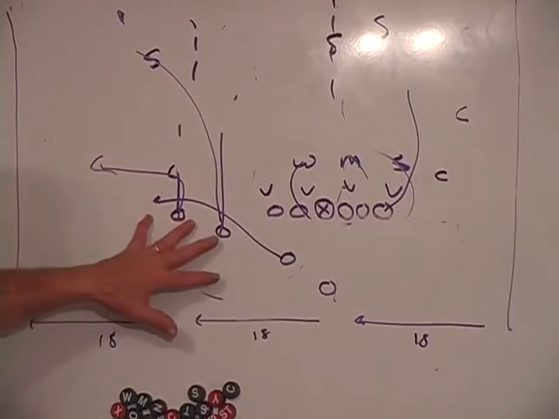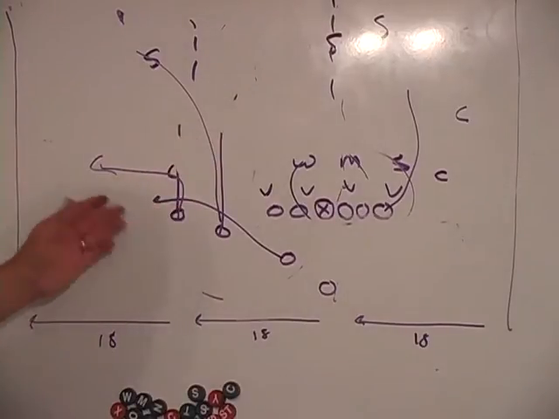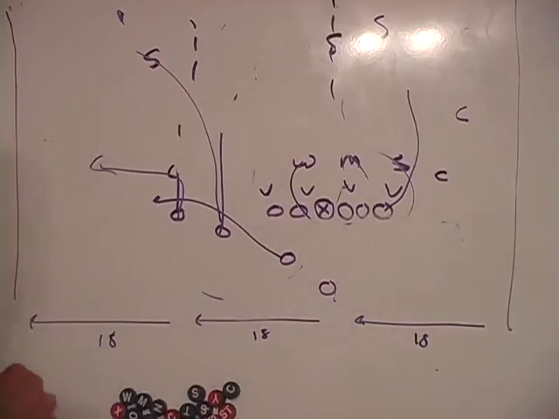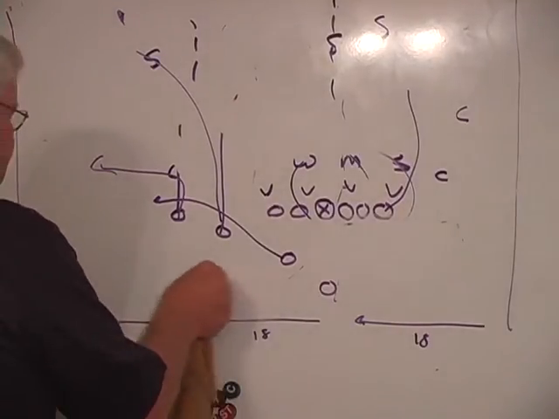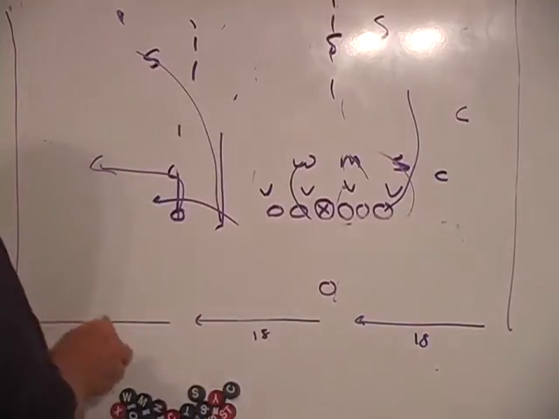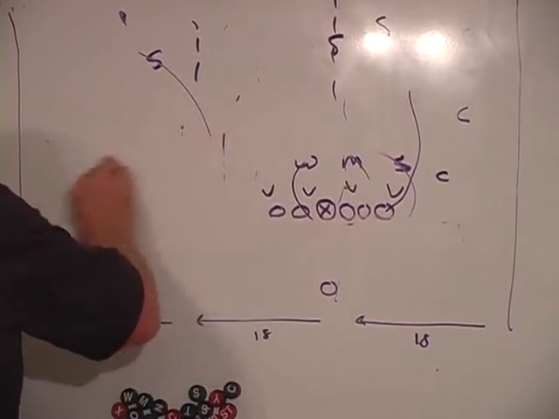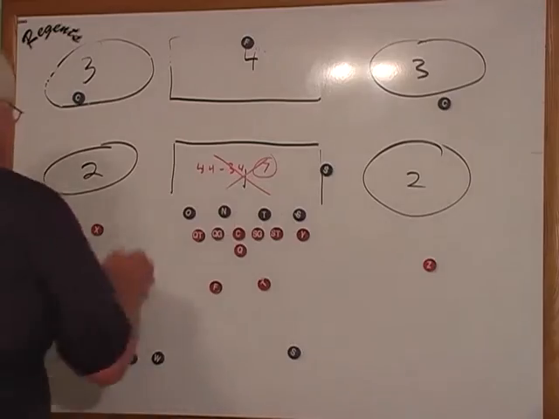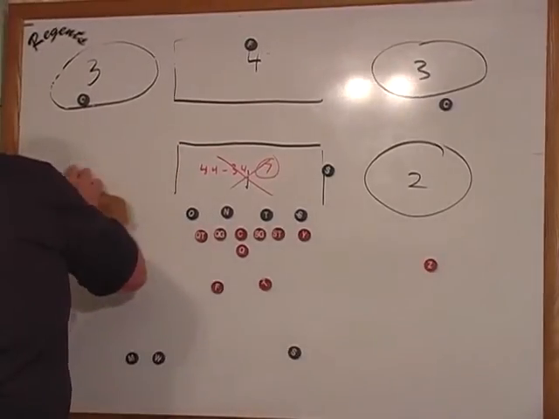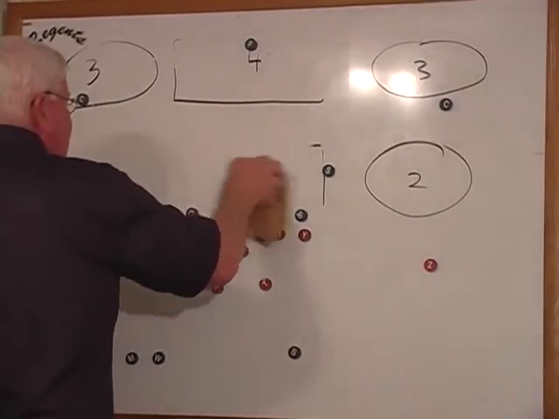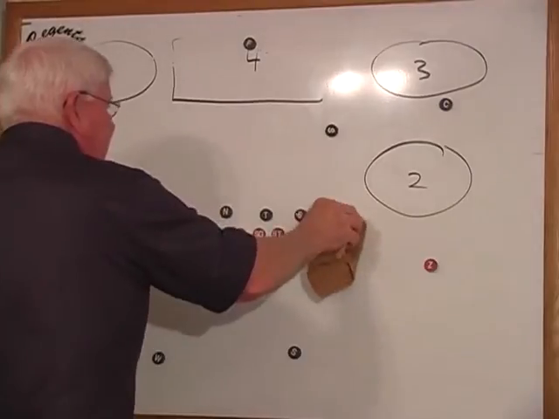But the reason I was telling you that is that compressing the formation into the wide side of the field is another thing that causes teams some real problems with potential big plays. I'm going to go into a couple more things with this. This is kind of area of the field type of things.